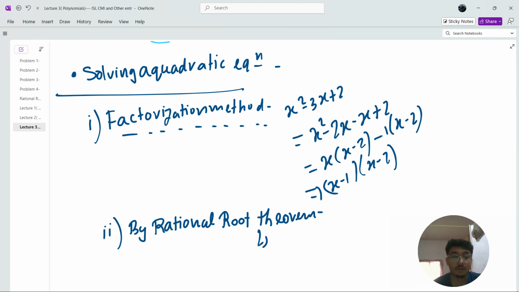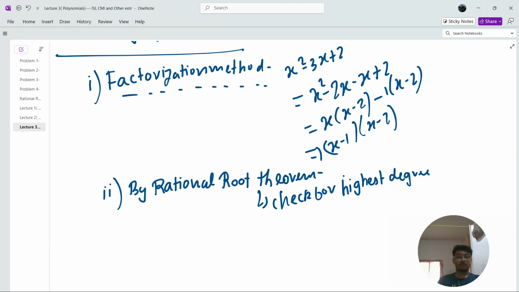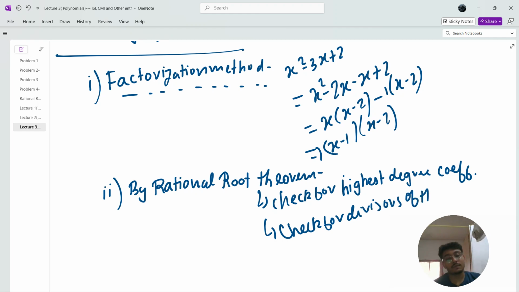The usual ones: check for the highest degree coefficient, check for divisors of the constant term. These two are the things, and then again follow my rational root as I had said.